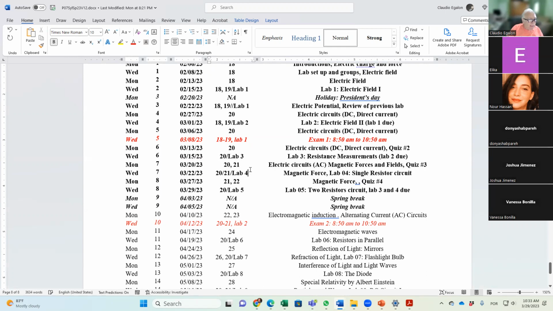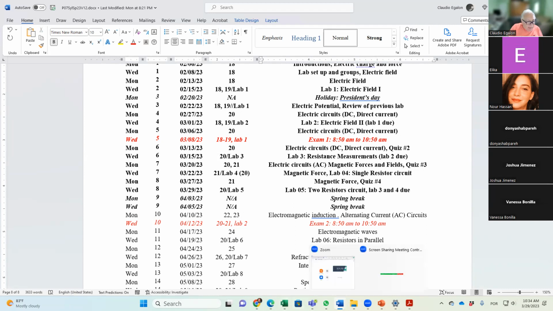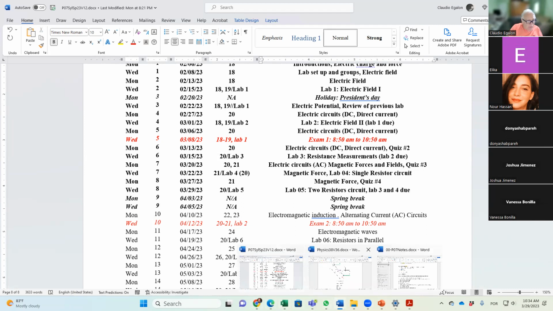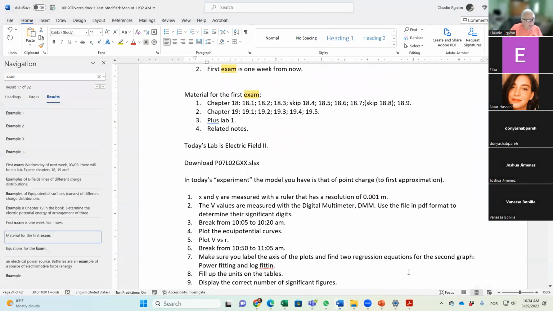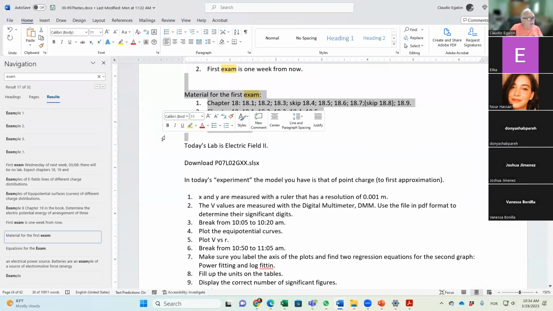Okay. Lab 4 is chapter 20. Magnetic force. That is still 21. Yeah, there's no 22 here. Let's do a list of what's going to show up in the exam, just like I did for exam number 1, second exam.